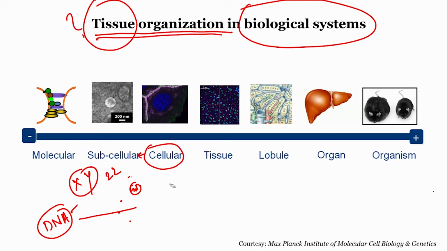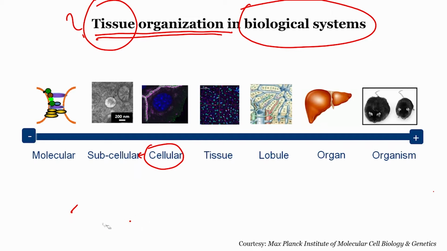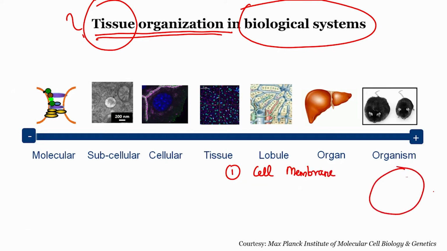So, what are the major components that need to be understood in order to electrically model a cell? These are: 1, cell membrane, which is the outer membrane. It usually consists of what is called a lipid bilayer.